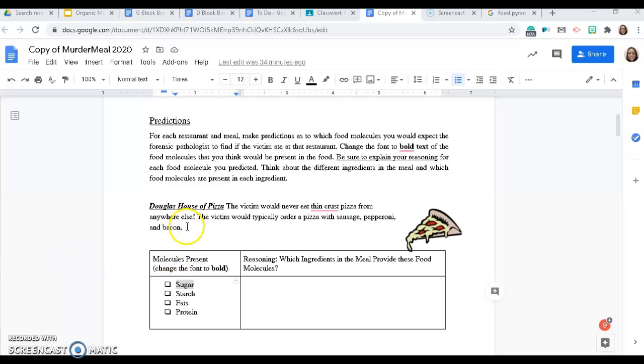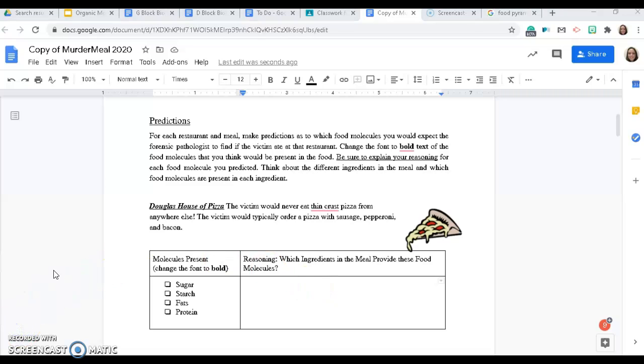So you're going to read the ingredients, and then change the text in this table to bold if you think that these food molecules are present in the meal. In the reasoning, you're going to explain which ingredients in the meal provide these food molecules.